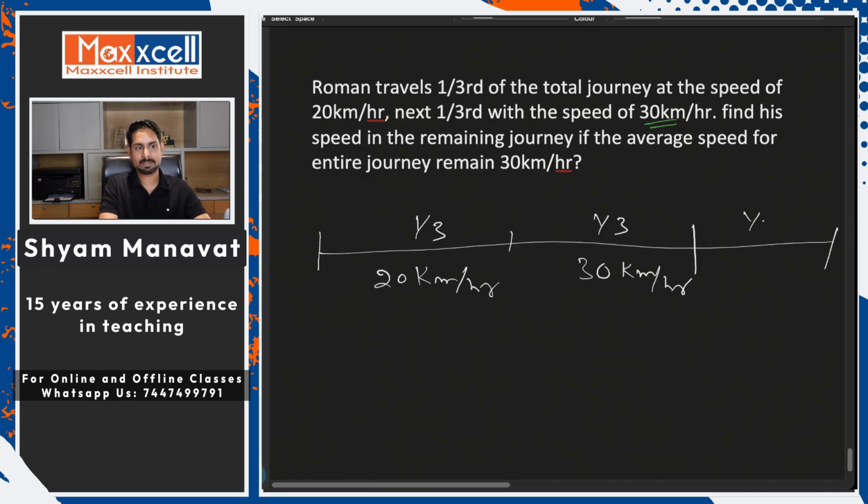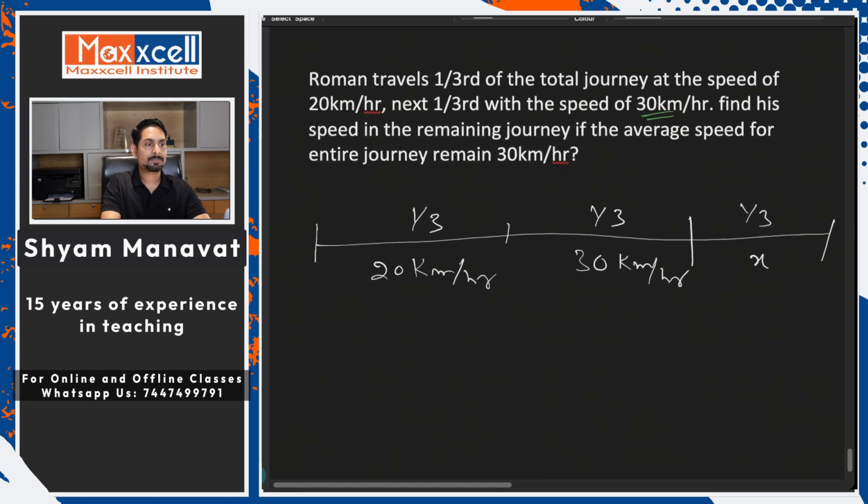So remaining 1/3, definitely 1/3. So basically there are 3 divisions now, 1/3, 1/3, 1/3. We need to find speed here when the average speed for entire journey remains 30 kilometers per hour. So this time average is given. Now tell me, which case is this?